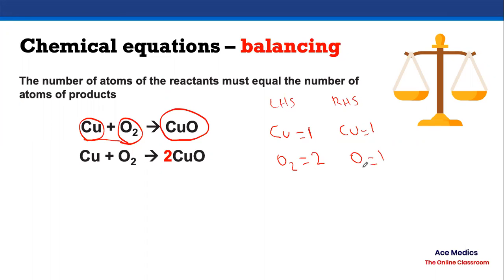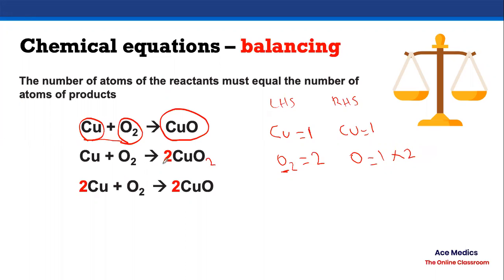So we have to make this balanced. How do we make this balanced? We need to make sure that we have 2 oxygen atoms. So what we can do is times this by 2. One thing you need to remember with balancing equations is that you can't put a small 2 here. You can't change the small subscript numbers.